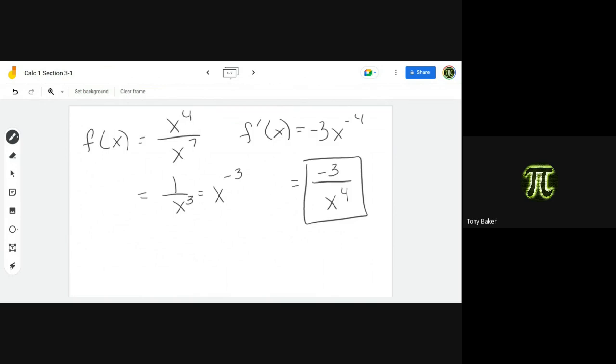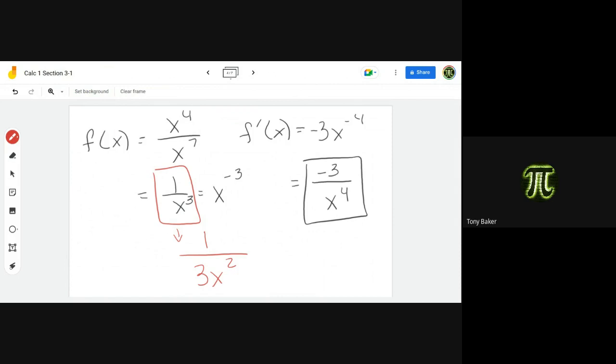While x was still in the denominator, like we tried to apply the rule, what would you have gotten? If we looked at just this and did the power rule from there, is that what the answer is?